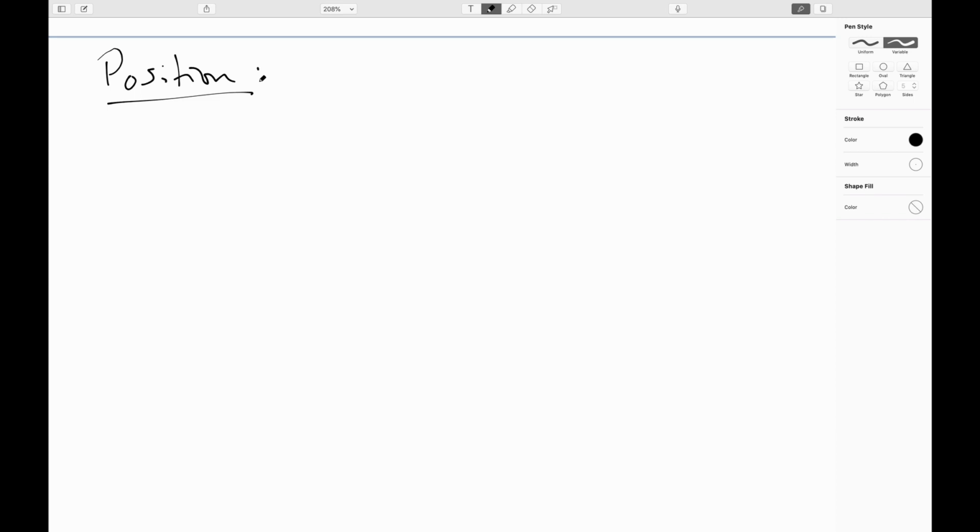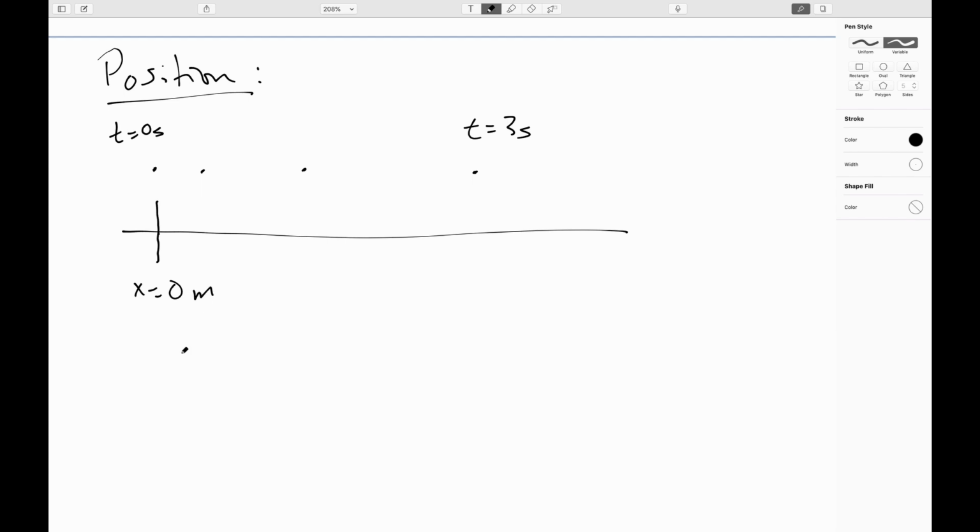So if I'm trying to describe a position, let me just have an object that's in, we'll make it speed up a little bit, doesn't really matter. So this is t equals 0 seconds here, 1, 2, t equals 3 seconds here. So at t equals 0, we can say that the object is located at x equals 0 meters.